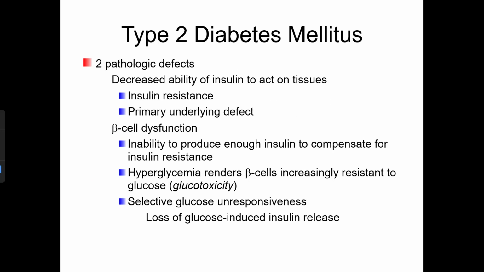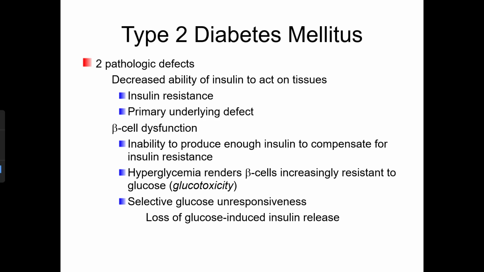Type 2 has two pathologic defects. One, decreased ability of the insulin to act on the tissues. So insulin is produced normally, but for whatever reason, there is no interactivity with the tissues at the level that's appropriate. So insulin resistance or a primary underlying defect can lead to that.